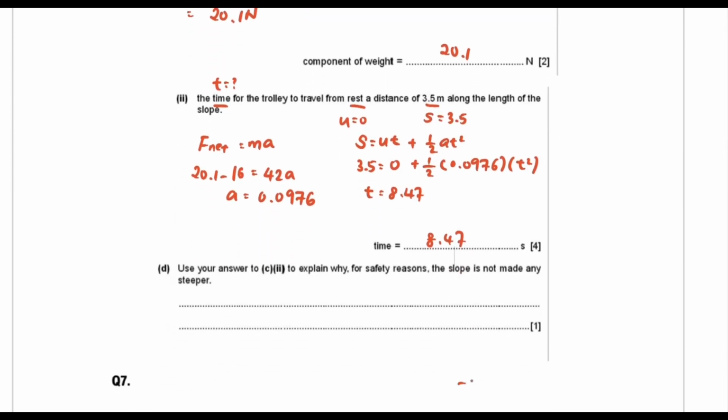Part D. Use your answer to C part 2 to explain why, for safety reasons, the slope is not made any steeper. Okay, so you see C part 2 tells us to stop the trolley.